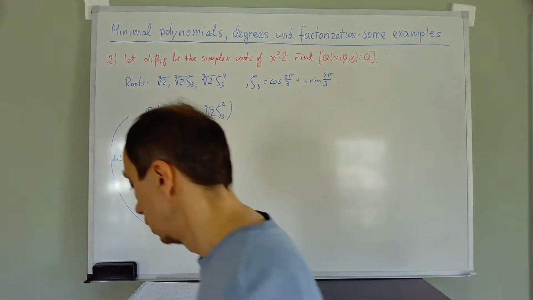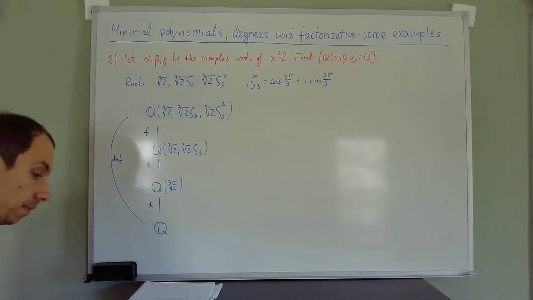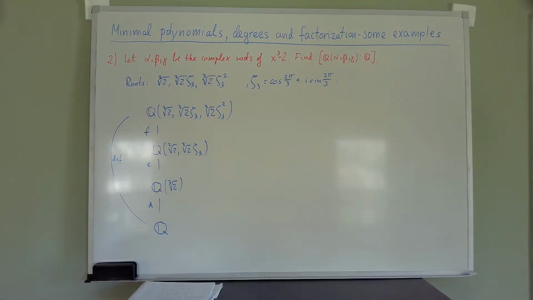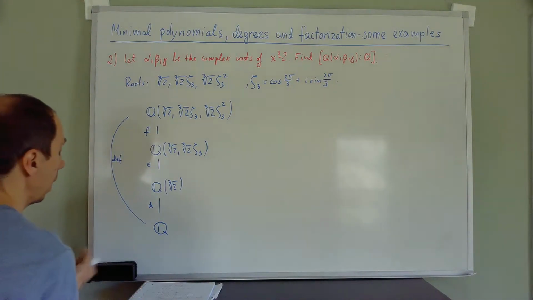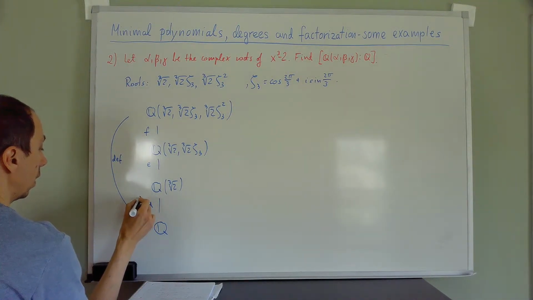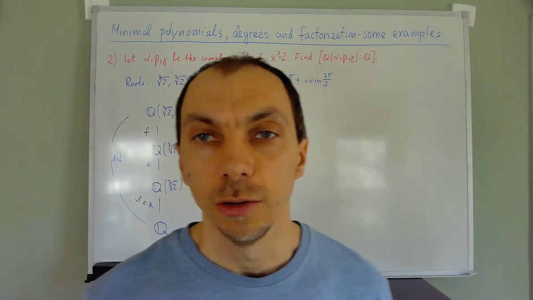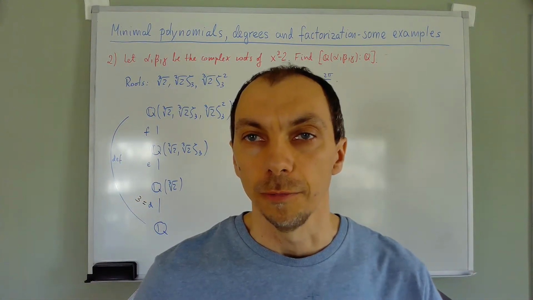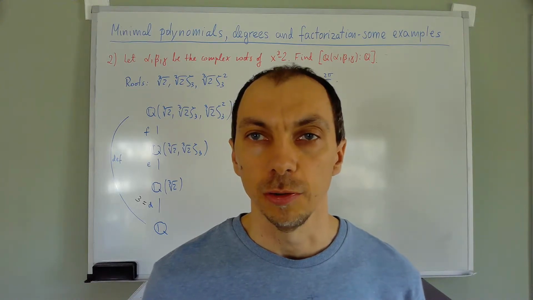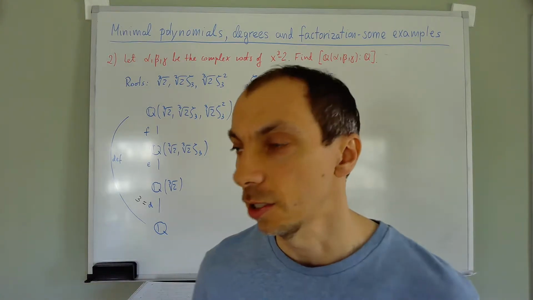So first of all, the degree D is 3. Why is it 3? Because I already know the degree of the minimal polynomial of cube root of 2 over Q is 3. It's x cubed minus 2.